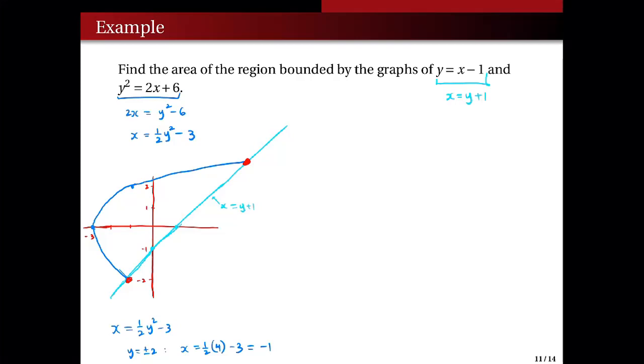So we need to identify the points of intersection. And since we have written x in terms of y for both of them, the variable of integration will be in terms of y, and the approximating rectangles will be horizontal.